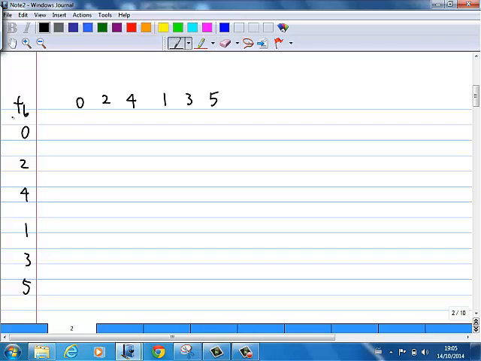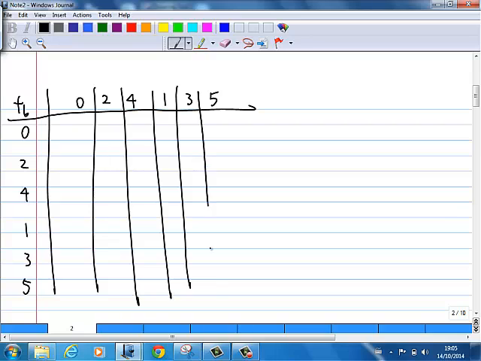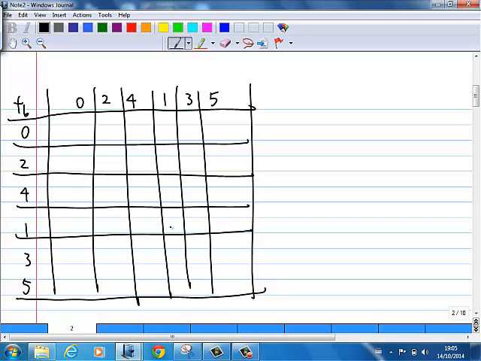So make a table. And then you fill out the table.